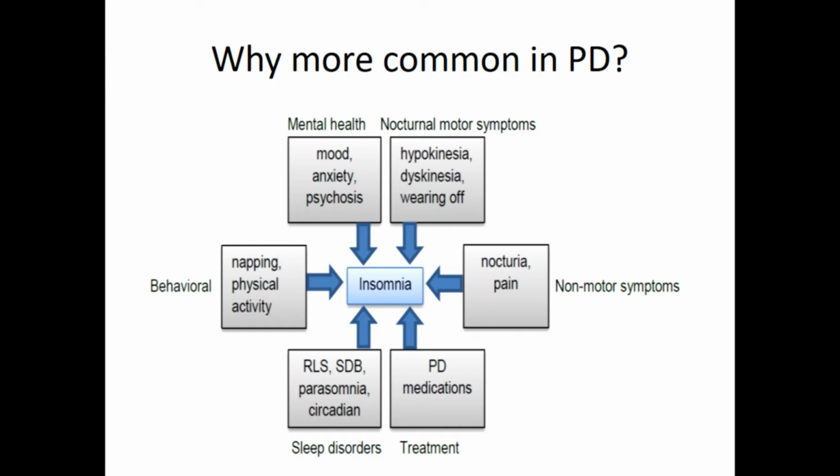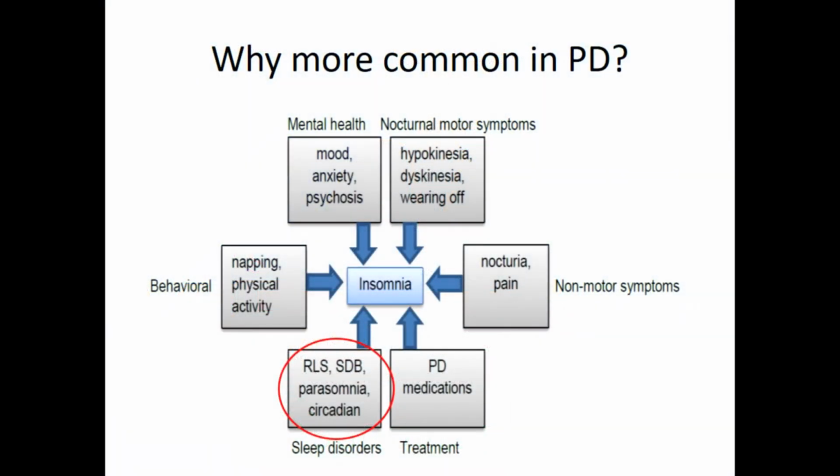Importantly, many medications that are routinely used to treat Parkinson's can also influence sleep. So sometimes things like amantadine or certain types of antidepressants can have insomnia symptoms as a potential side effect. So doing a very thorough medication review is particularly important. Finally, things like behavior, like a lot of napping, like I was talking about before, and lack of physical activity can also contribute sometimes to poor sleep at night.